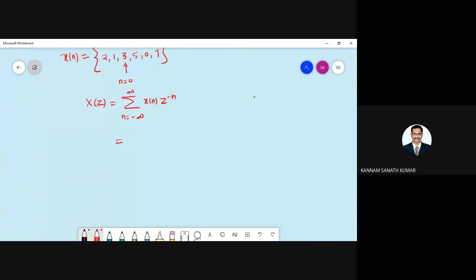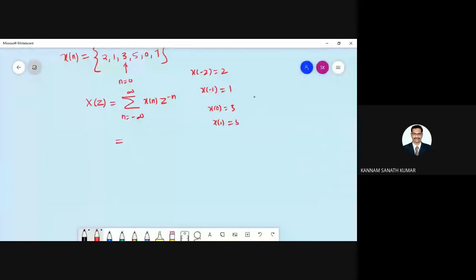So x of minus 2 is 2, x of minus 1 is 1, x of 0 equal to 3, x of 1 equal to 5, x of 2 equal to 0, and x of 3 equal to 7. Okay, so these are the values, and you can expand this.